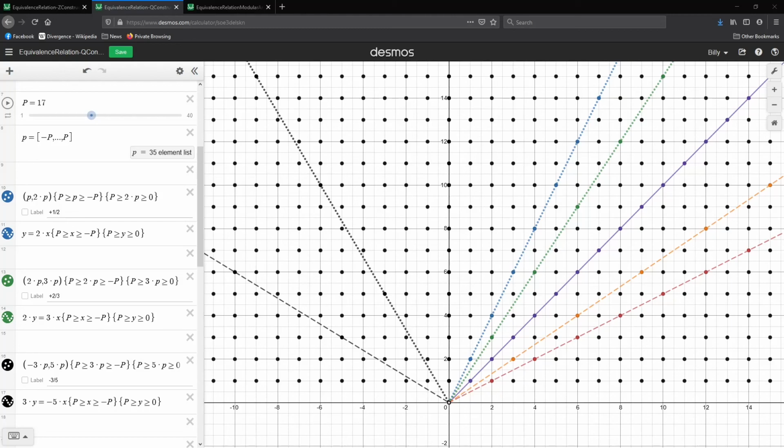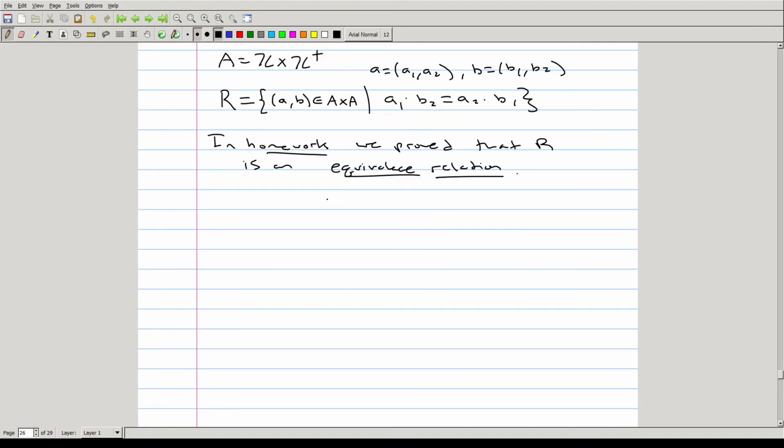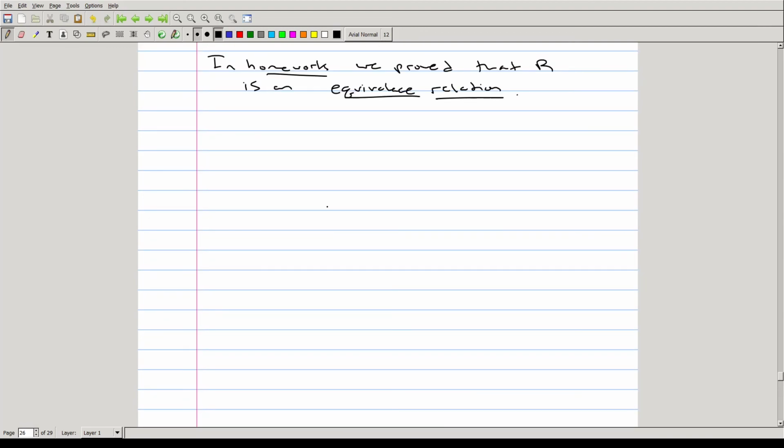And you can see this a little bit more clearly when you look at how to actually do addition. Let's say, for instance, we take some x, an element of the equivalence class of (a, b), and we take some y, an element of the equivalence class of (c, d).